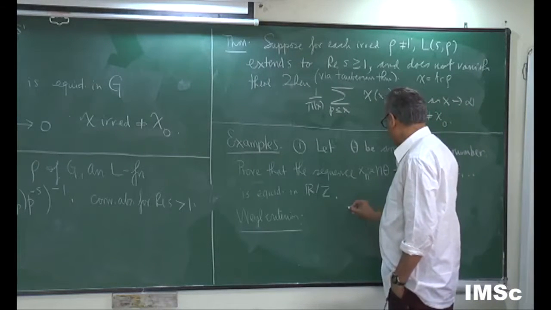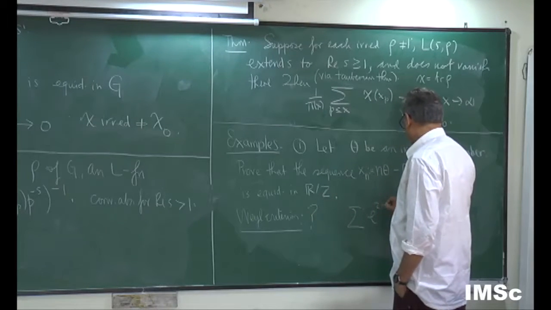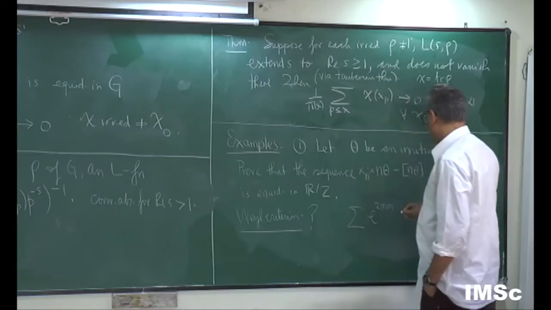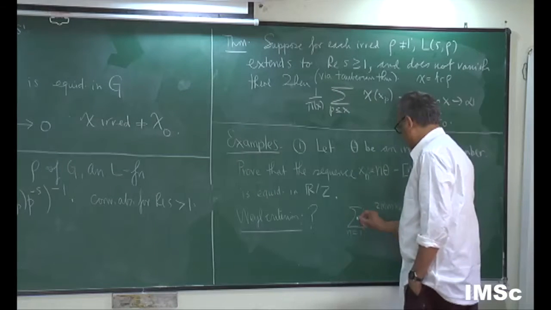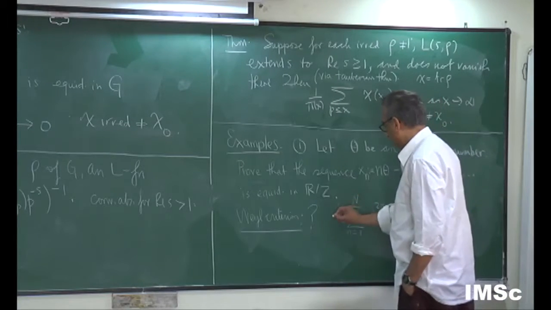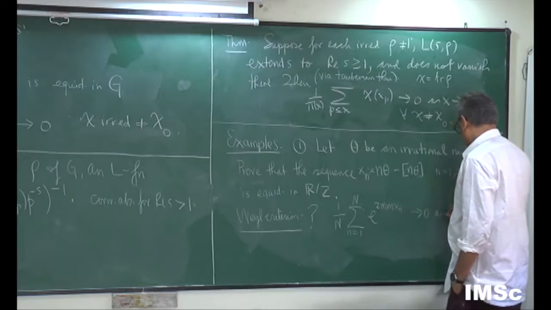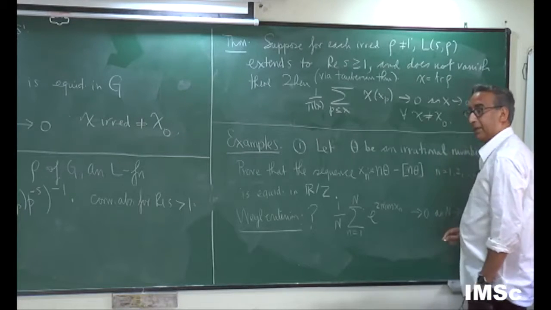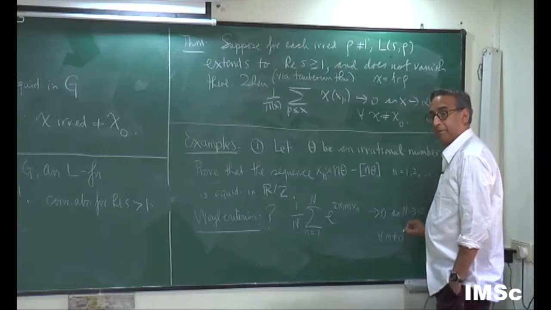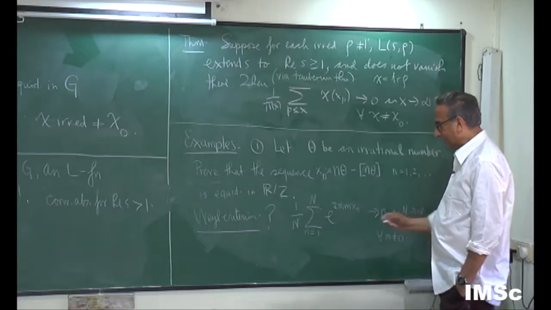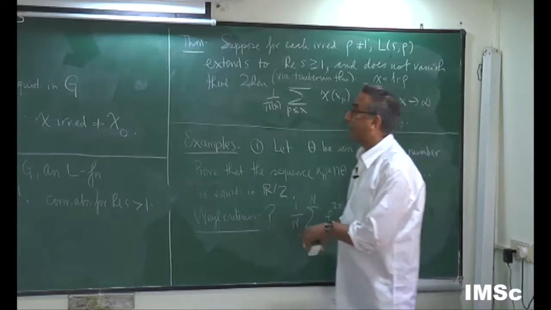We need to check that the summation of e to the 2 pi i m x sub n, n going from 1 to capital N, times 1 over capital N, tends to 0 as N tends to infinity for every integer m which is not 0. So we have to check this. If that happens, then it's equidistributed by the Weyl criterion, right? I said that here.